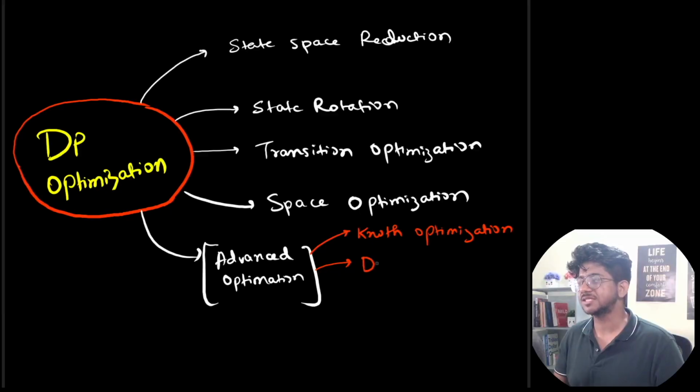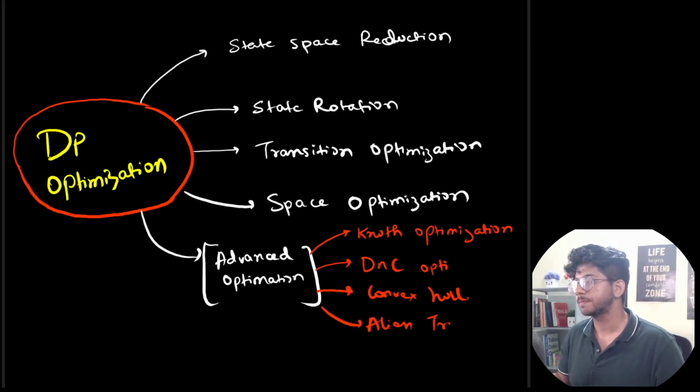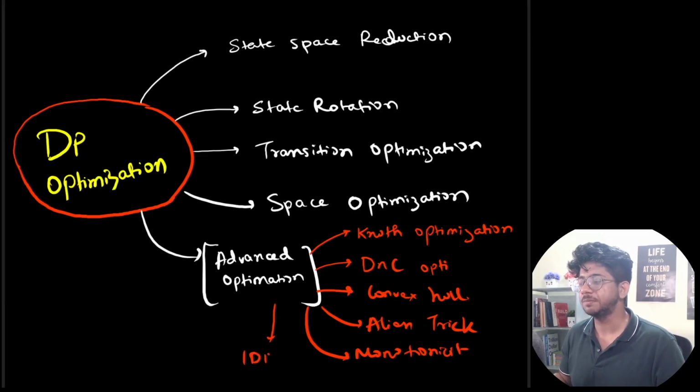Next, you have something as divide and conquer optimization. Then you have convex hull optimization. Then you have something called the alien trick. You can have simple monotonicity based optimization. You can have things like 1D 1D DP optimization.